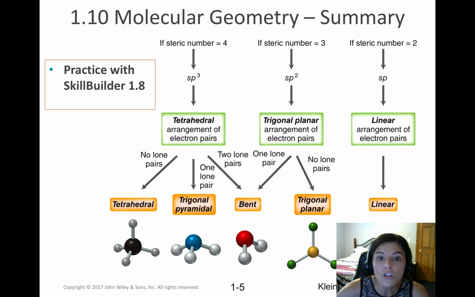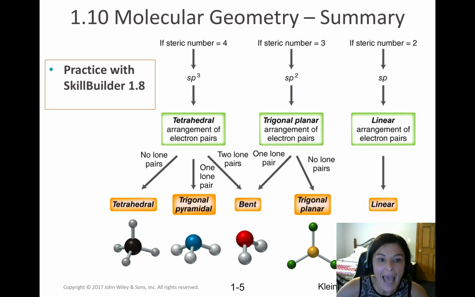Okay, so you will need to be able to know this chart, and to be able to actually predict the geometry, molecular geometry of an atom. So let's take a minute to look at it.